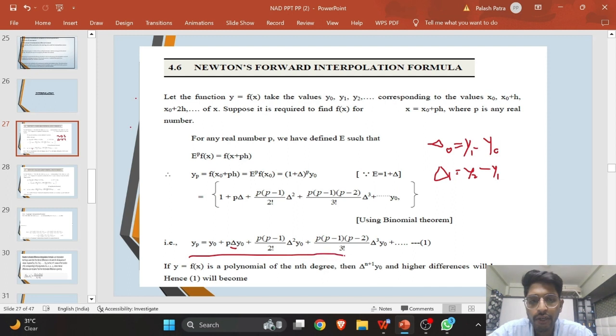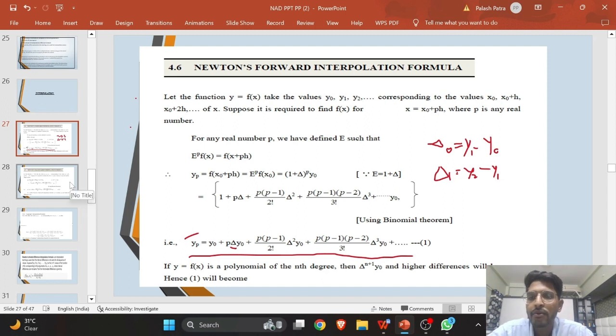We need to keep in mind that Newton's forward interpolation formula is only applicable for equally spaced intervals. That is, the difference between the two intervals must be the same. Then only the formula would be applicable, and we must keep the formula in mind as well.